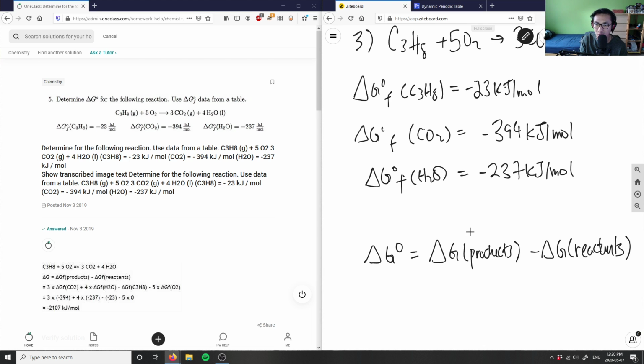And we know that we can actually relate this to Hess's law, because I know that delta G is simply the enthalpy change, delta H, minus temperature times delta S, right? Where delta S here is the entropy.